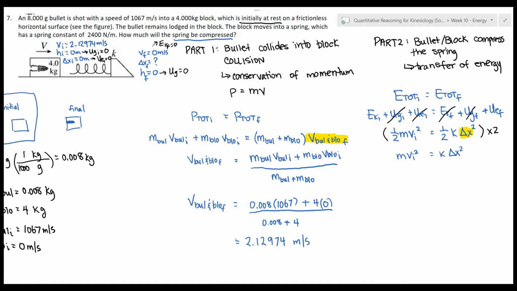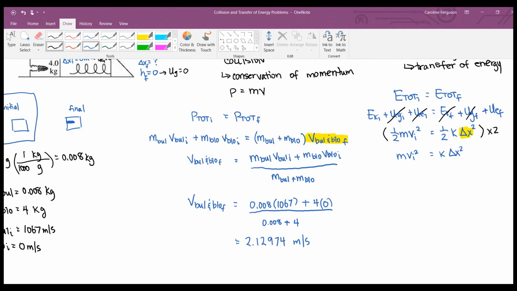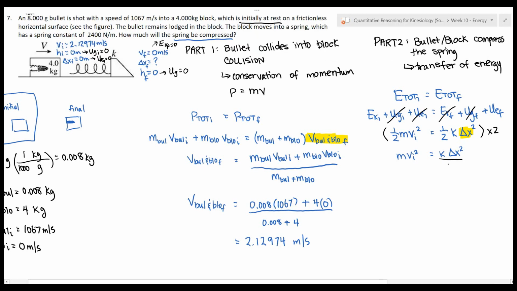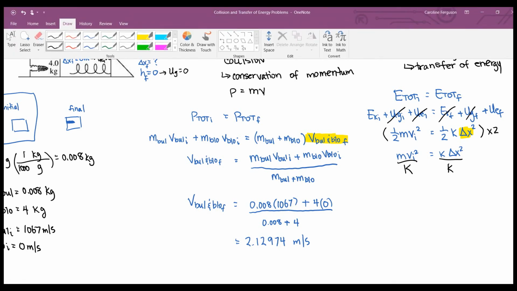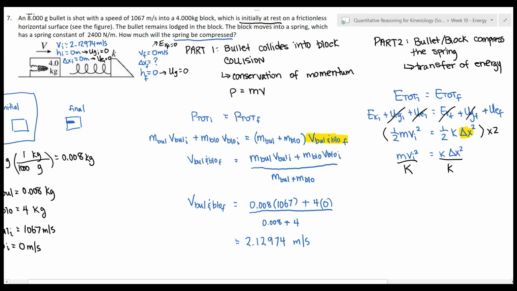Now I'm going to divide both sides by k. And then I'm going to plus or minus square root. So I have delta x squared equals, because these k's cancel, mv initial squared over k. Delta x equals the plus or minus square root of mv initial squared over k.